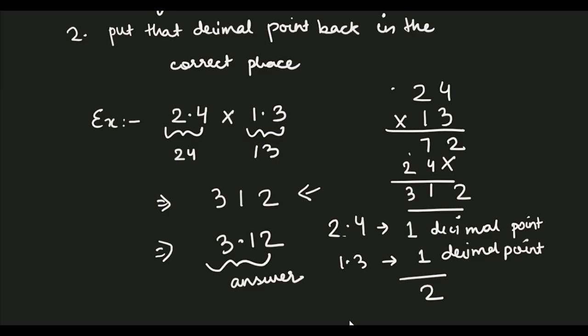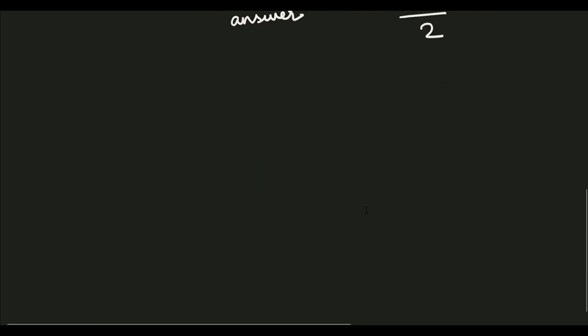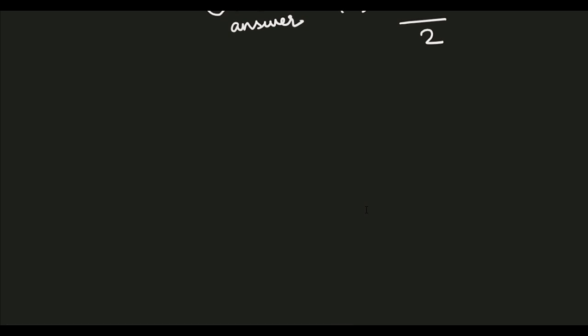We can also understand this concept of multiplying two decimal numbers in one more way. So let's look at that also. Again, I'll take a simple example to explain it.